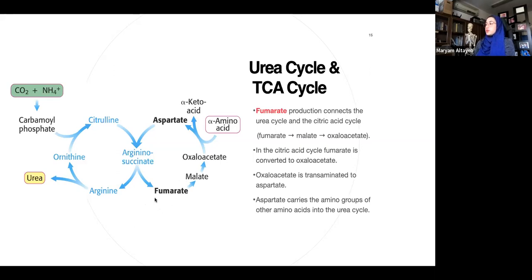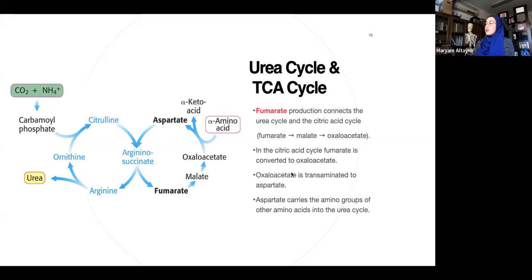I'm not going to go into detail, but fumarate turns into malate, turns into oxaloacetate, turns into aspartate, and now this aspartate can again turn into argininosuccinate. So you can see how these 2 cycles are connected and how they're fueling each other forward. Subhanallah, the body is interconnected in ways beyond what we can learn in a lifetime. So seeing that is very interesting.